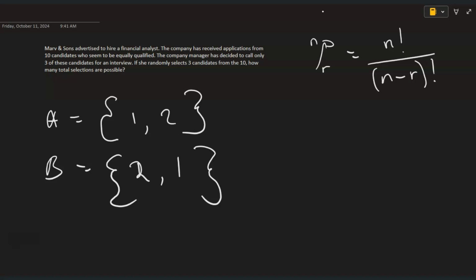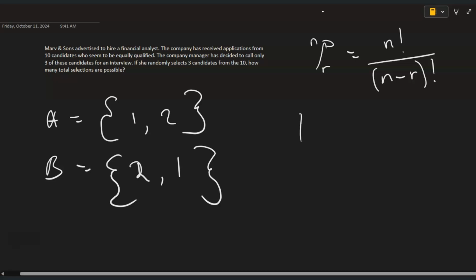Because of the difference in the order, the two sets are different. But for combination, we say that order doesn't matter. As long as the characters in the particular sets are the same, the order doesn't matter, meaning A is equal to B. This is one thing.